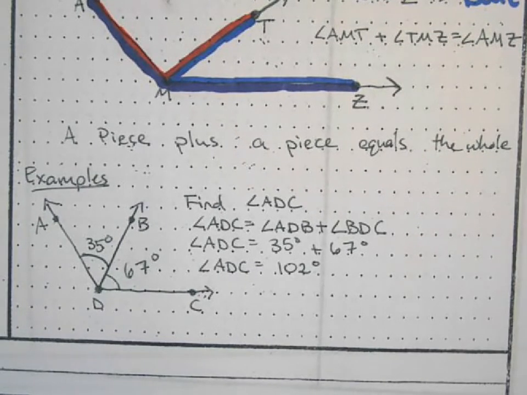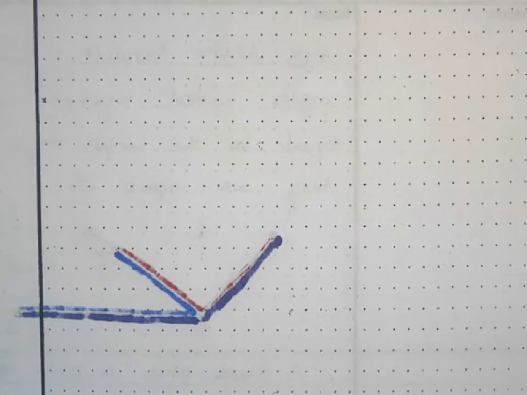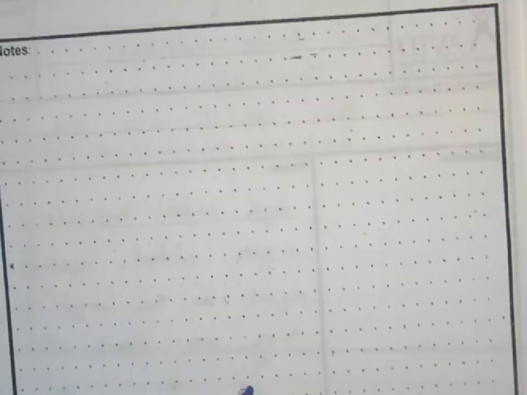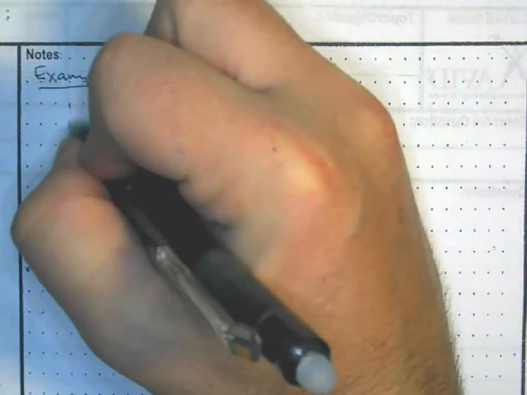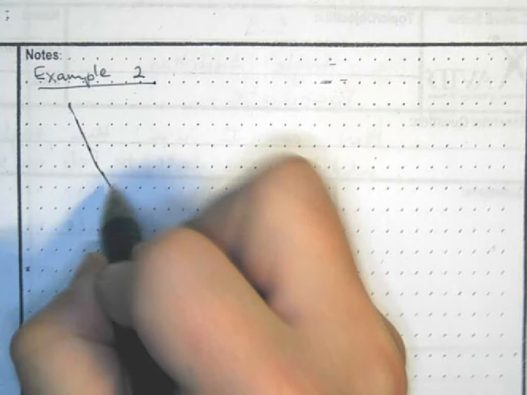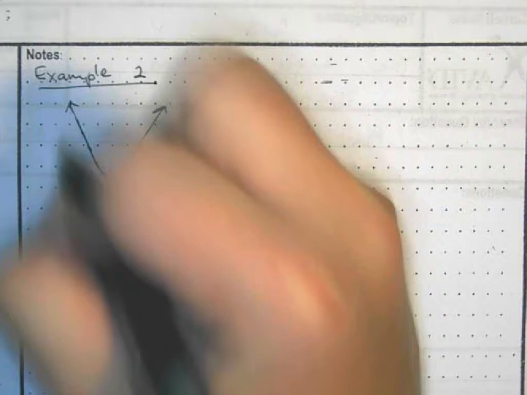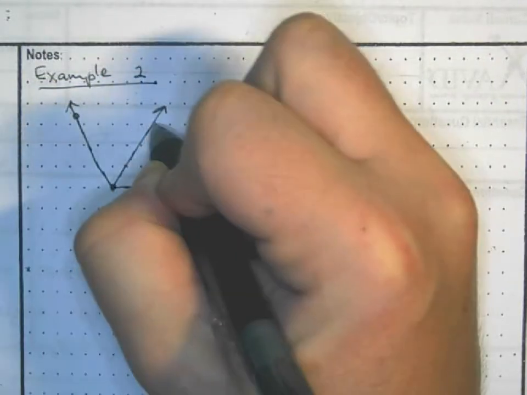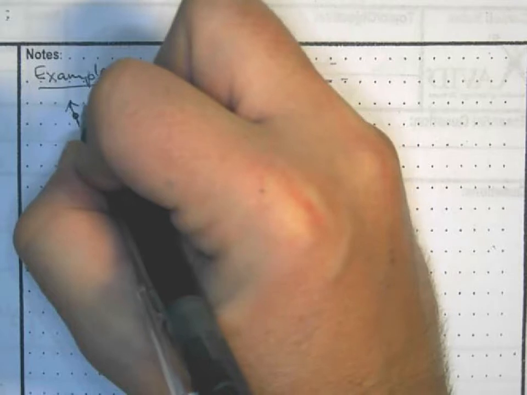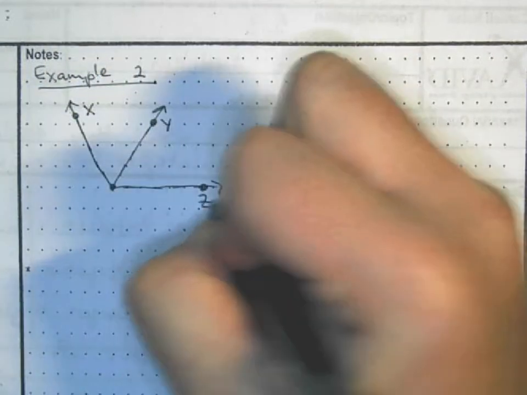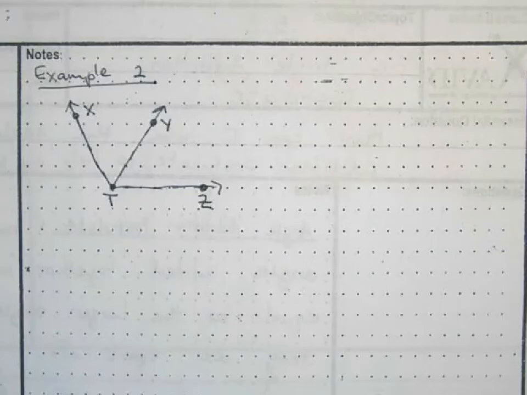Okay, let's do one more example. This time we're going to bring some variables in. Let's go X, Y, Z, T is our vertex.